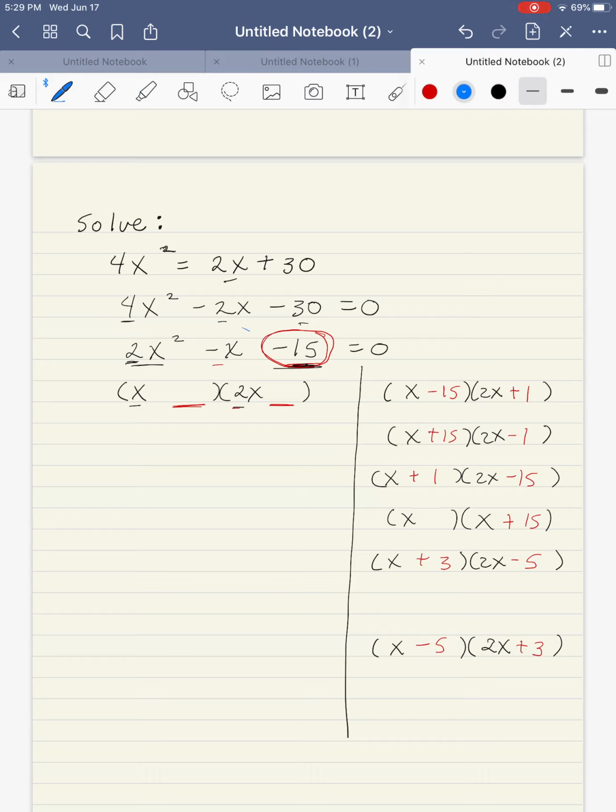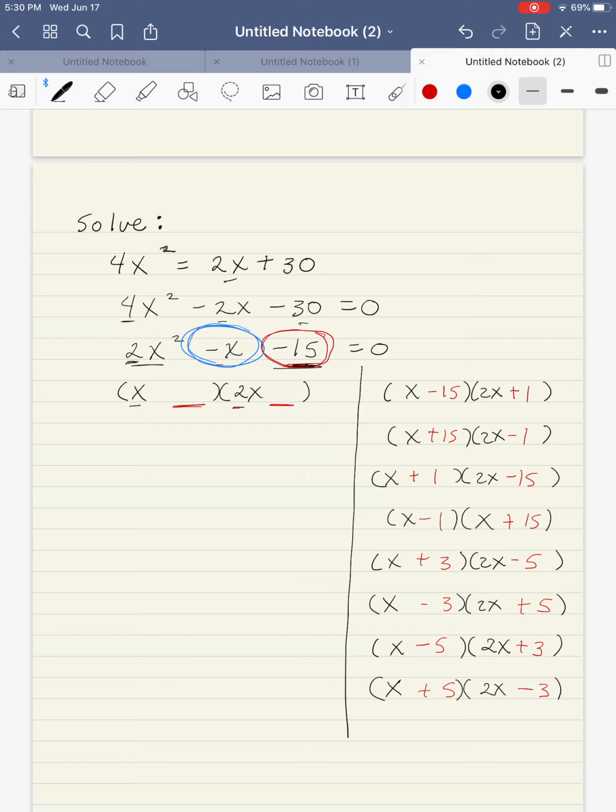What's going to be important here is which one gives me the minus x in the middle. So I'm going to guess, and these are all of my possible guesses. When I say guess, I mean kind of an educated guess, not just anything, but all of the ways that I could actually get the 2x squared and the negative 15. And obviously we have a lot of different ones here.